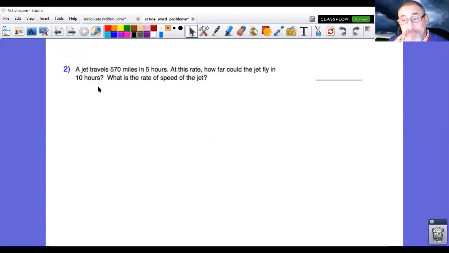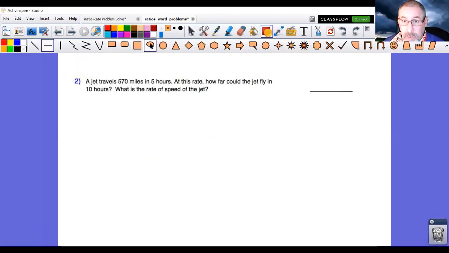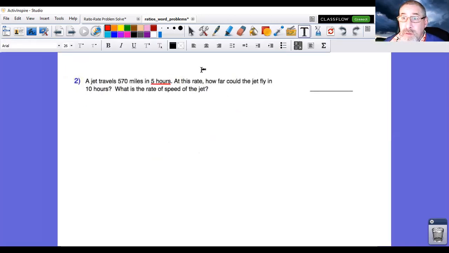All right, next one. A jet travels 570 miles in 5 hours. At this rate, how far could the jet fly in 10 hours? What is the rate of speed of the jet? So again, we're going to go in and we're going to annotate. So I've got my time in hours. The jet is flying, so that would be distance.